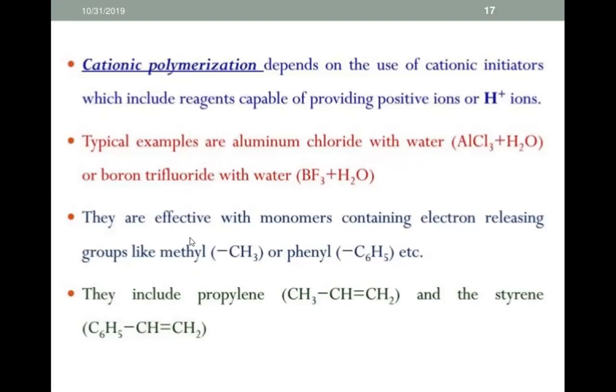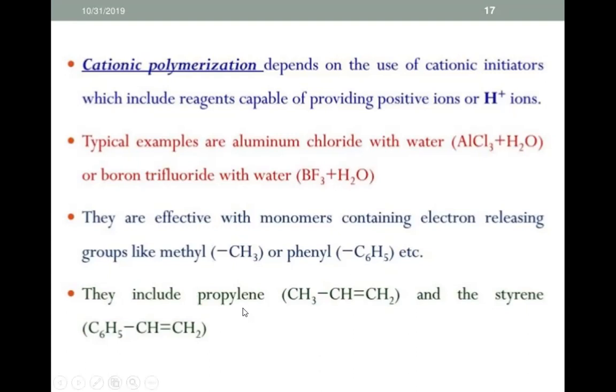These are effective with monomers containing electron releasing groups like methyl group or phenyl group. So this type of reagent will be very effective with monomers which have electron releasing groups like the methyl group or phenyl group.